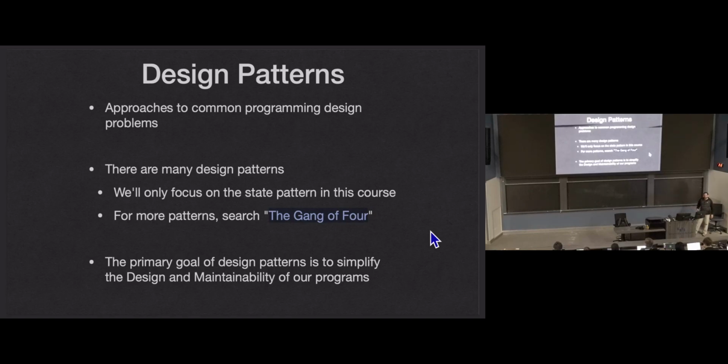The Gang of Four, these are four, I believe they were all consultants, and they got together over a long weekend, I believe. They wrote these things up pretty quick. But they all consulted for a lot of different companies, a lot of different software shops, and saw a lot of common problems and the developers' solutions to those problems, and noticed certain patterns that came up across a lot of different companies and teams, and they had similar solutions.